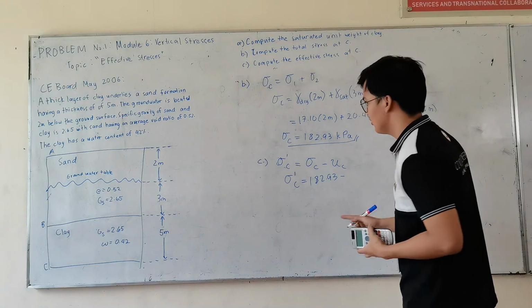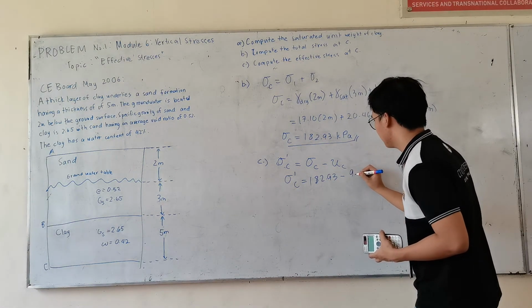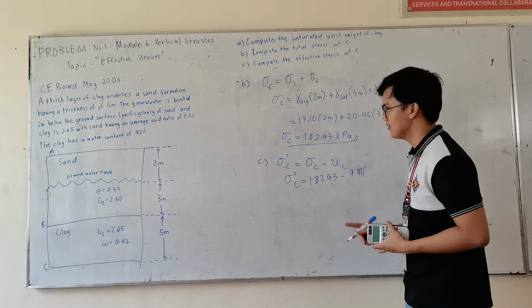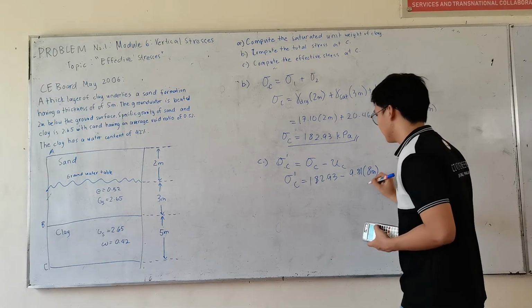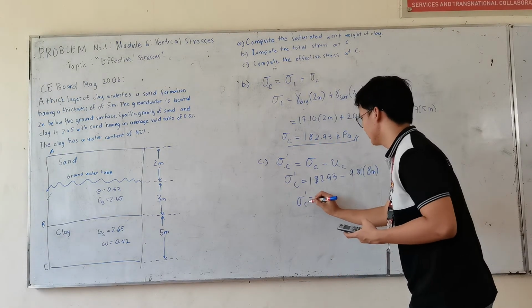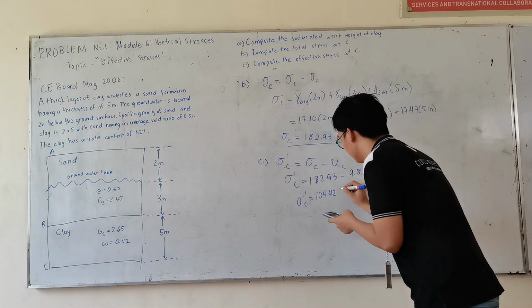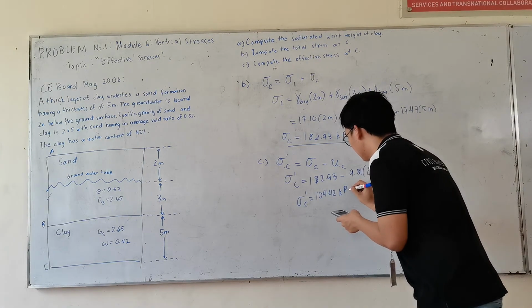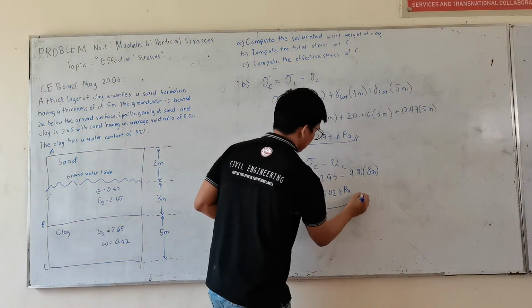So, yung unit weight ng ating water is 9.81 times yung height niya na 8 meters. So, meron tayong effective stress sa C na 104.42 kPa, kilopascal. This is the final answer for letter C.